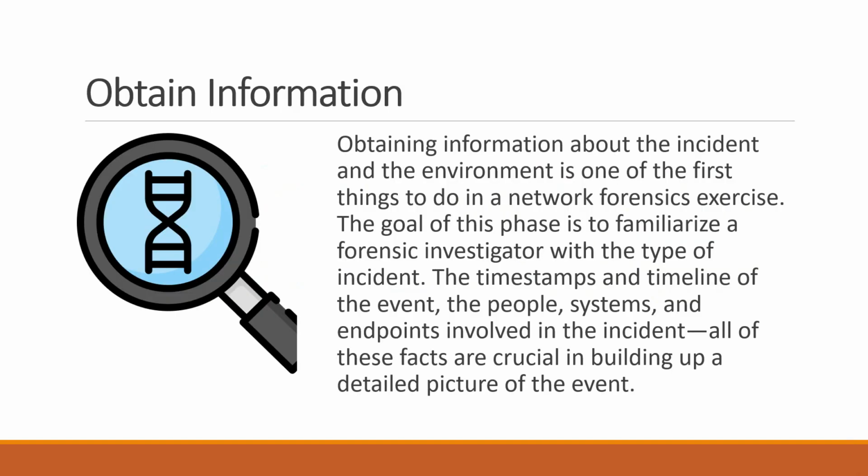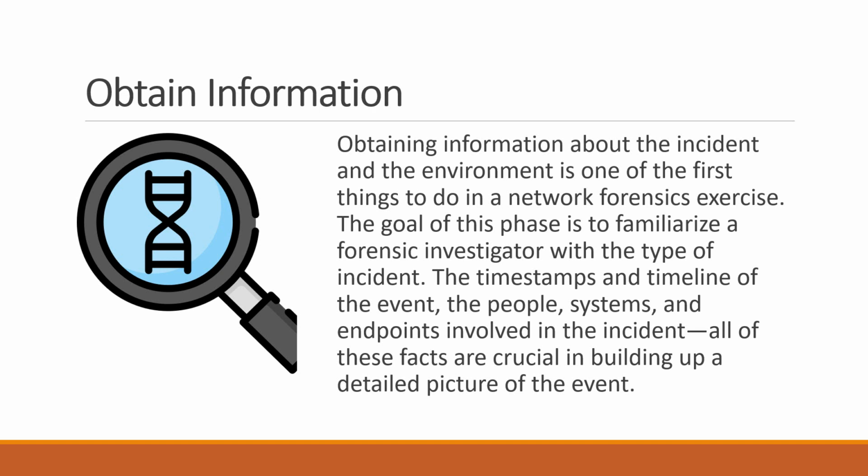The first part of the OSCAR methodology is obtain. Obtain could refer to the necessary permission, tools, and the initial data for the investigation. It may also involve the process of understanding the details of the security incident. Let's say a company's IT department becomes aware of a network security breach or a potential attack.